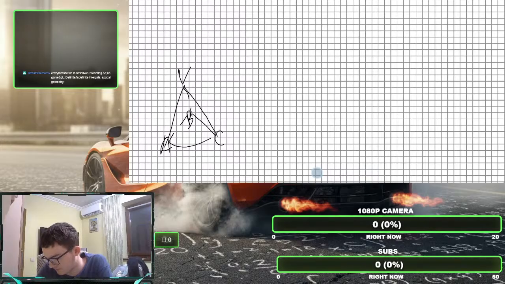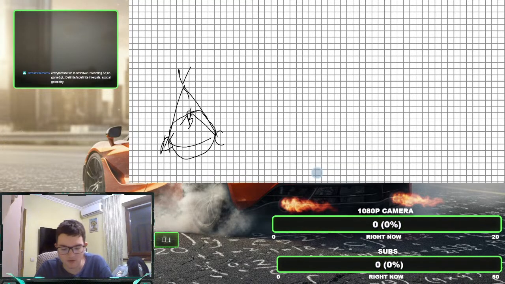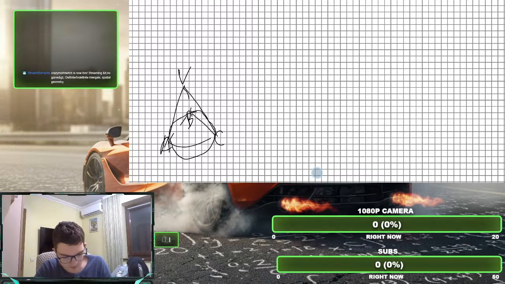Now, the problem is there's this pyramid and there is a circle written within this triangle. I mean like this basically. And to confirm this, I will check.